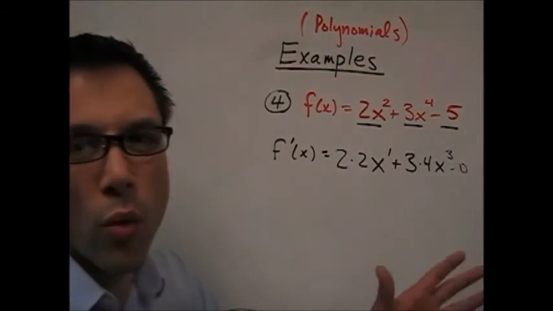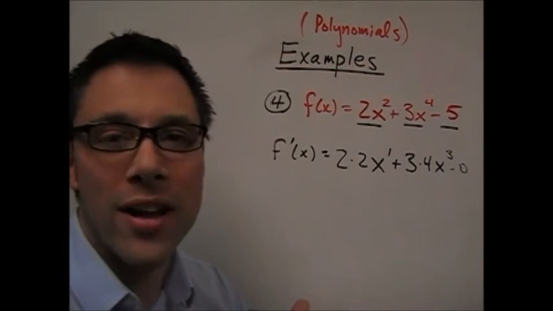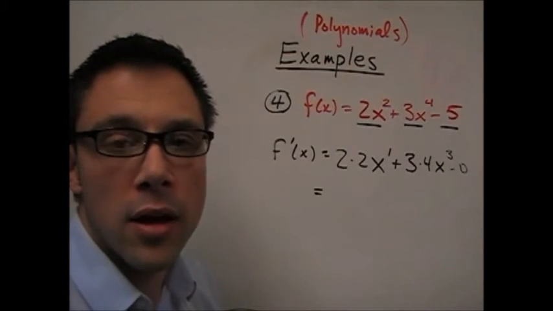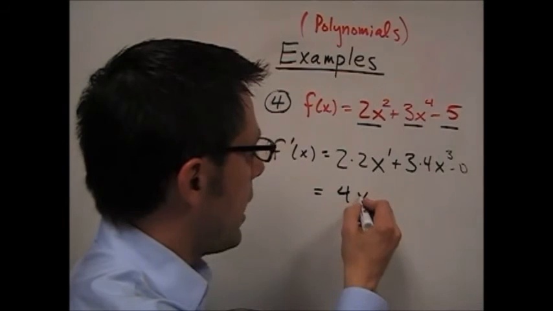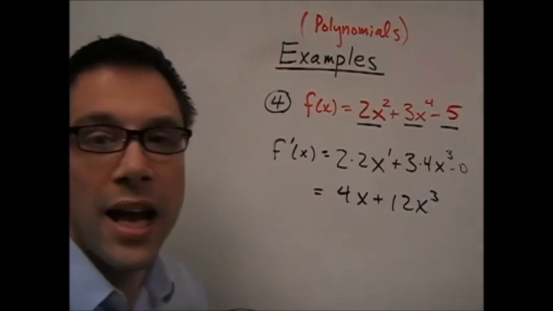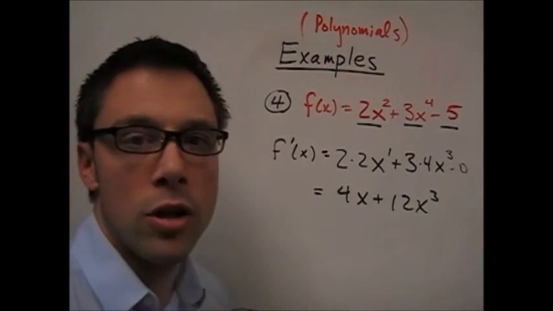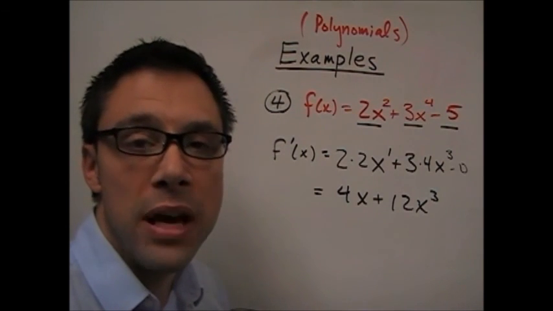Now, we don't write zeros, and we don't usually write 1 as an exponent. And I'm going to simplify by multiplying my coefficients out as much as I can. So this is going to be 4x plus 12x cubed. That's the answer. So it turns out, again, for any polynomial, I can go ahead and differentiate it once I have these basic shortcut rules.